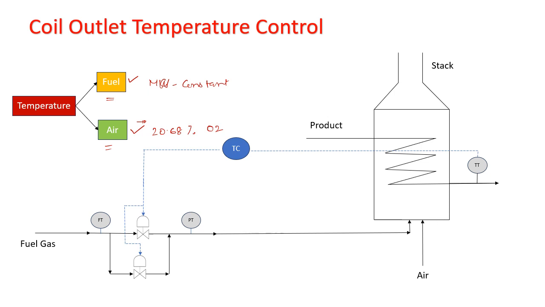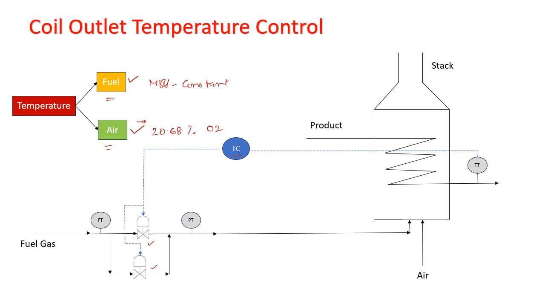The simple mechanism is you measure the temperature at the coil outlet and feed it back to a closed loop controller, which is denoted by a TC here, and then the TC takes action depending on how the temperature increases or decreases by closing or opening the fuel gas valves. As you can see, there are two fuel gas valves kept in parallel here.